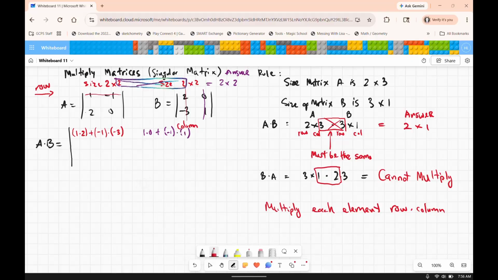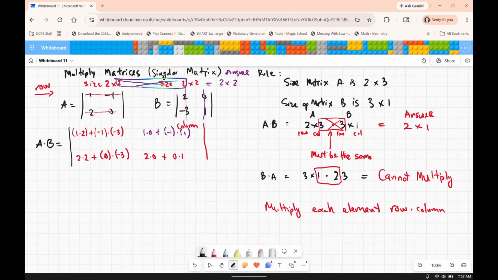On the bottom, I'm going to pick the second row and multiply with the first column: 2 times 2 plus 0 times -3. The next one, I'm going to multiply the second row by the second column: 2 times 0 plus 0 times 1.